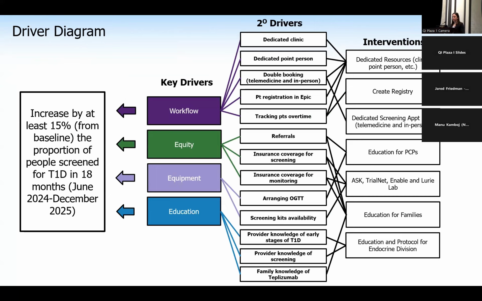From our key driver diagram, we identified those 4 causes, then developed secondary drivers. From the secondary drivers, we were able to decide what our interventions were going to be. I'm going to go over that in a little bit. But as you can see, our interventions were derived to address both the secondary and primary drivers.